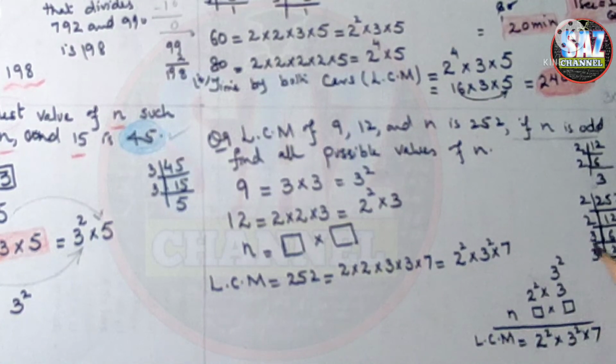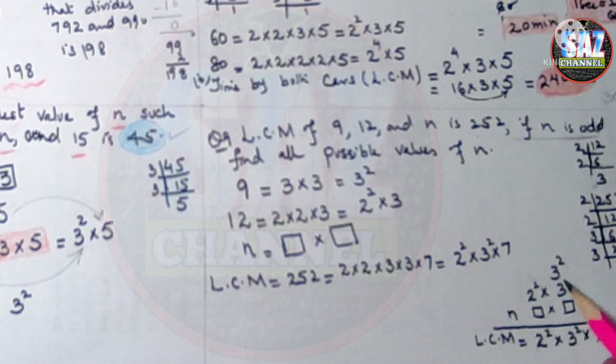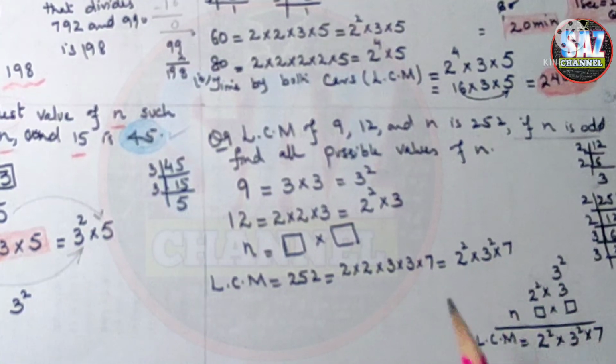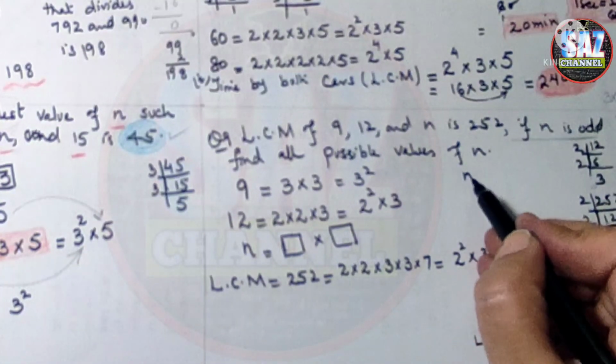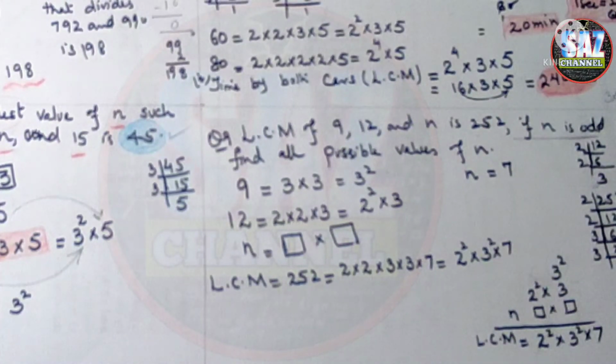Now look, 3 square is in 9 and 3 is in 12. And the LCM has 3 square. So there can be the possibility that the 3 square in the LCM is coming from 9. But if we look at 7, 7 is in the LCM but not in the other two numbers. So one possible value of n can be 7, and 7 is an odd number.